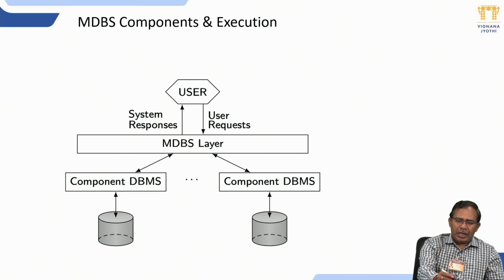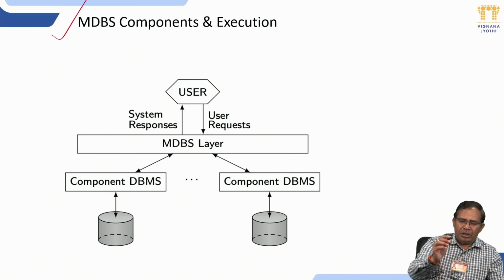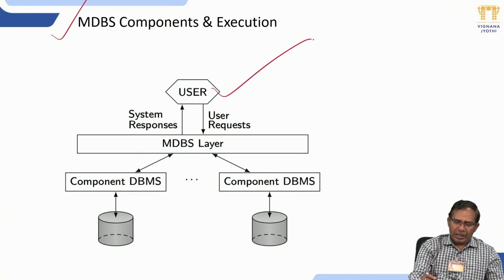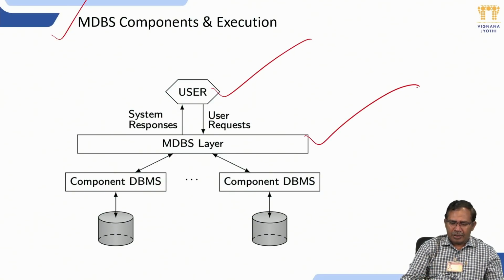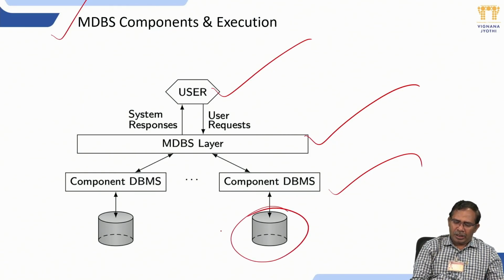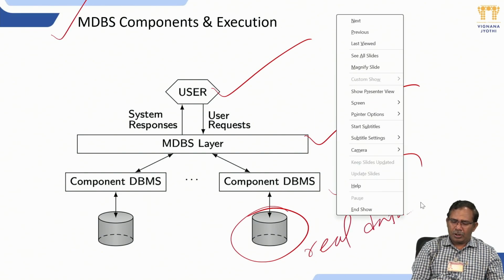Next, the MDBS, multiple database system, components and execution, where the user layer, the MDBS layer, and the component database management systems are available to deal with this particular context.